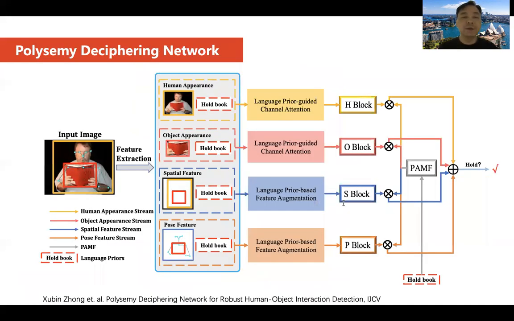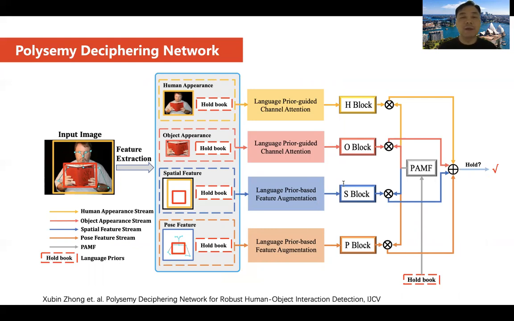In order to ease the verbal polysemy issue in HOI detection and improve the recognition of verbal, we leverage additional features, such as spatial feature, pose feature, and language features, to design a polysemy deciphering network with the pose information and language representation.